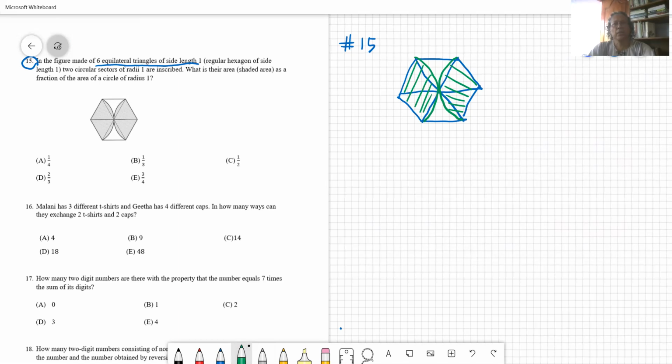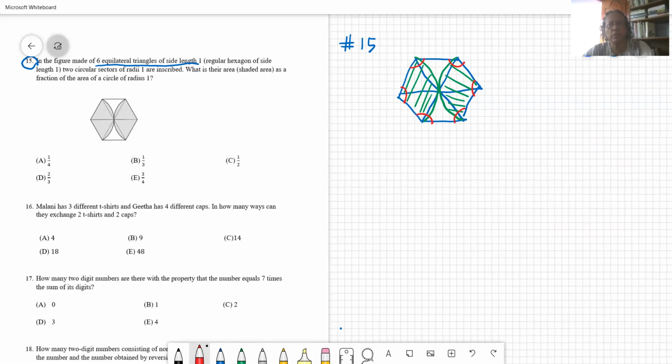Now, I think in the previous problem, we talked about regular hexagons. So regular polygons are equiangular, that means all the angles are equal, and they're equilateral, that means they have the same side length.